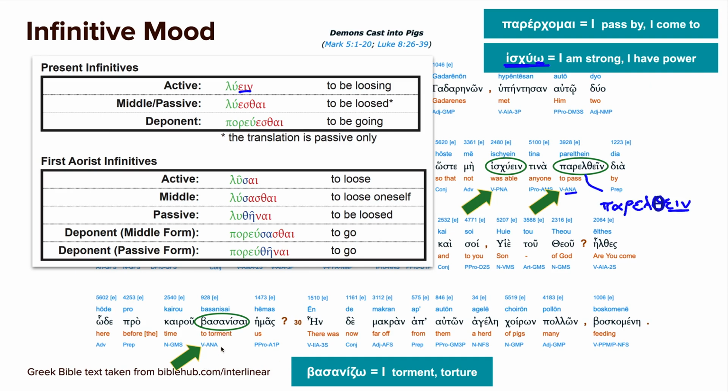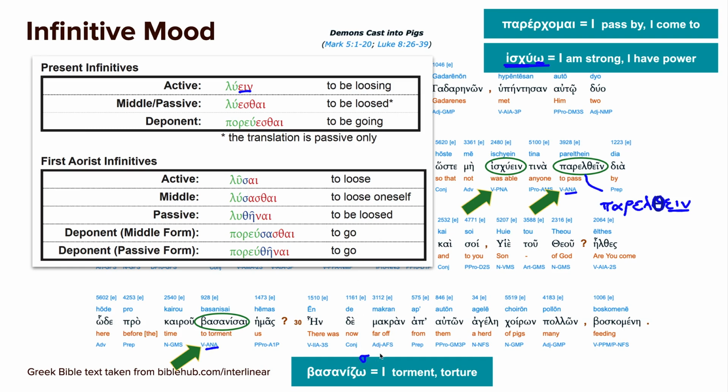All right, and then back down here we have you come to torment us? And again, this is a complementary infinitive. You have come to torment. So you've come to do what? To torment. All right, so basanisai. And again, aorist here. Now, basaniso ends with omega. Now we're going to add a sigma, right?